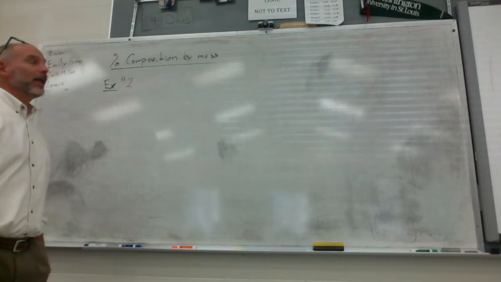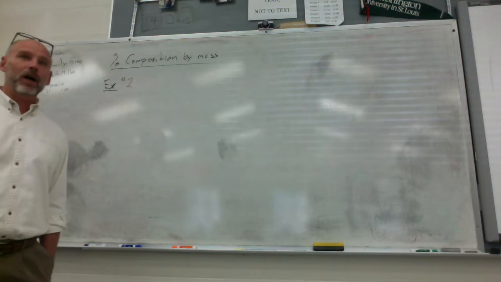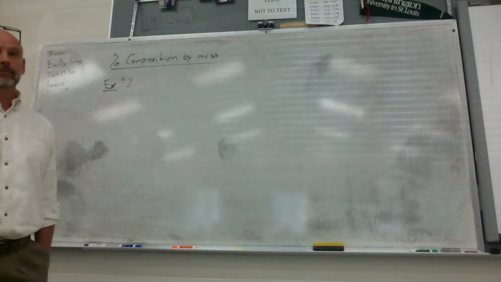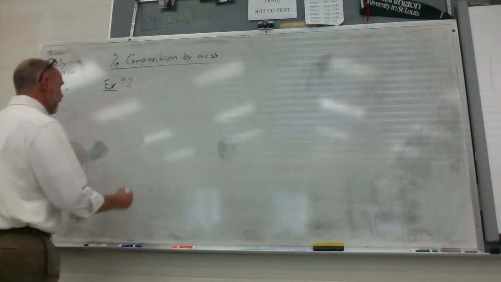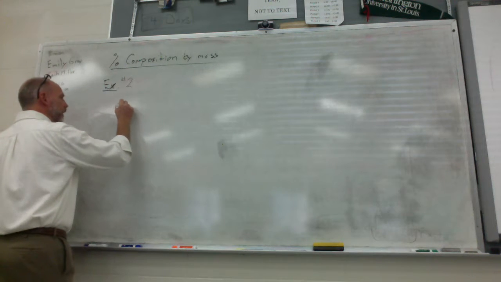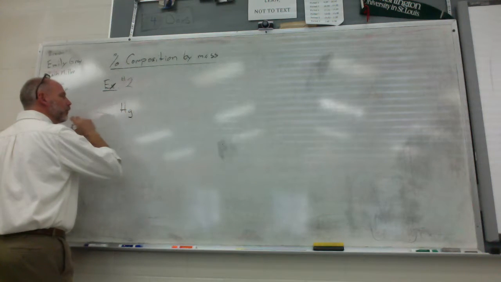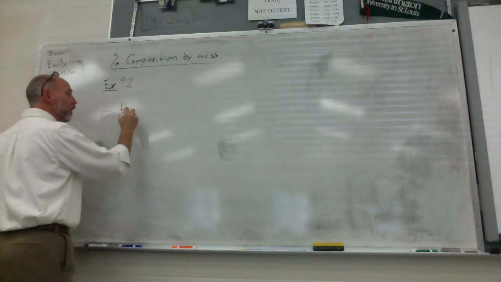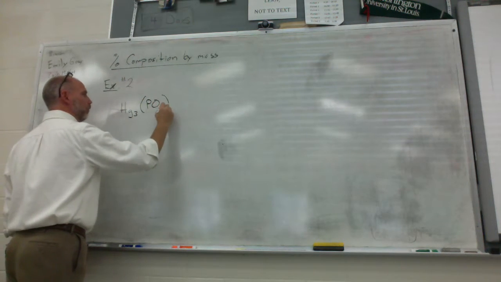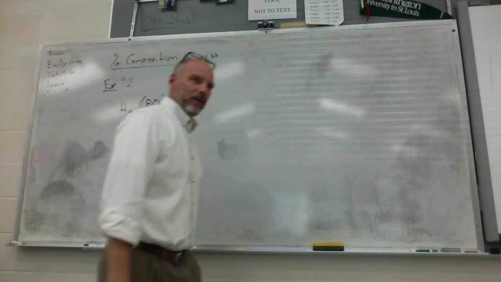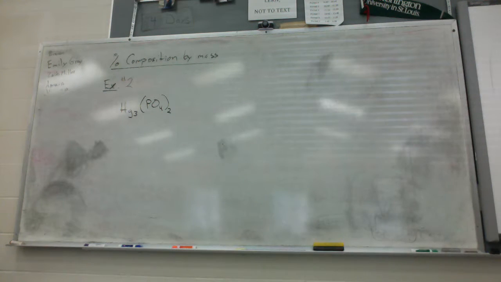Example number 2. Let's find the percent composition by mass of Jenna. I just need an element. Ooh, she's going to make this fun. Let's go with mercury 2 phosphate. Nice. Mercury 2 phosphate.